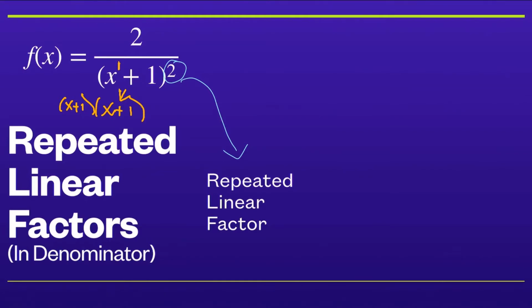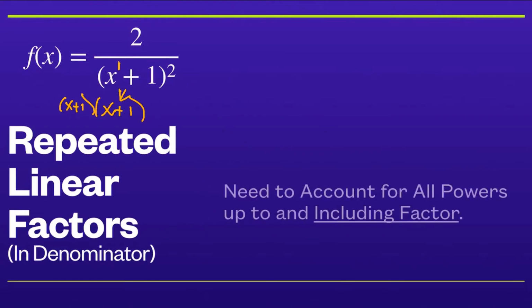Okay, so when we create our partial fractions, when we do the decomposition of this expression here, you can see we're going to have to account for all powers up to and including the factor itself. So we have a power of 2. We're going to have to include all the powers up to that power of 2. So both of these here are powers of 1.